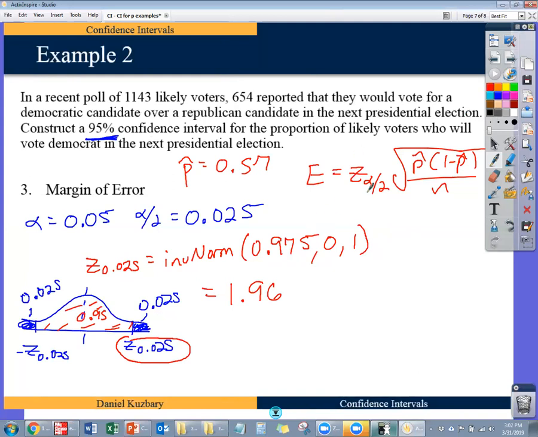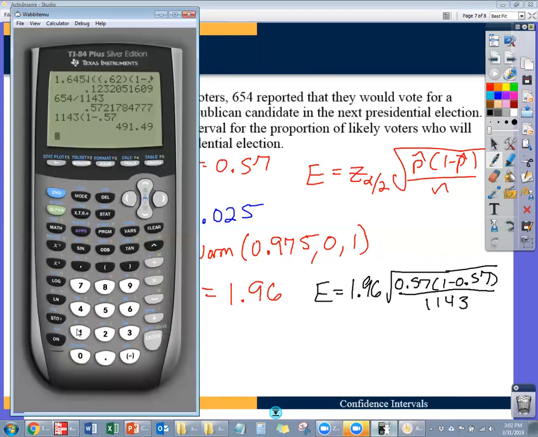So then E is equal to 1.96 times the square root of 0.57 times 1 minus 0.57 all over n, which is 1143, and that's all under the square root. So I'm going to do all that in my calculator real quick.